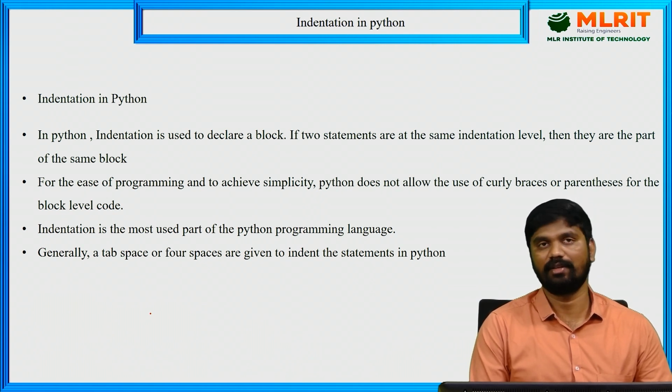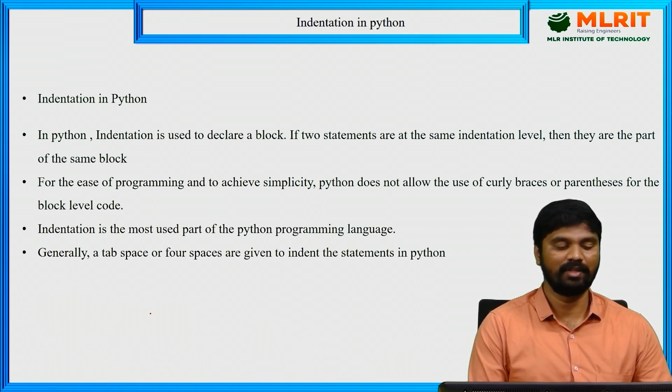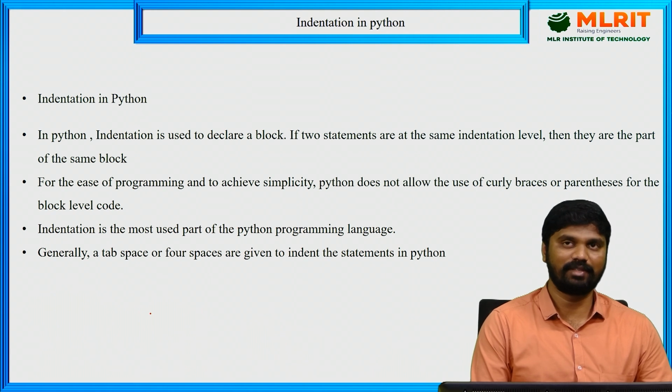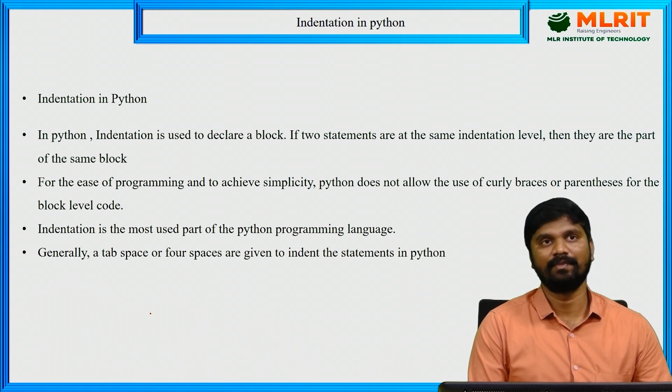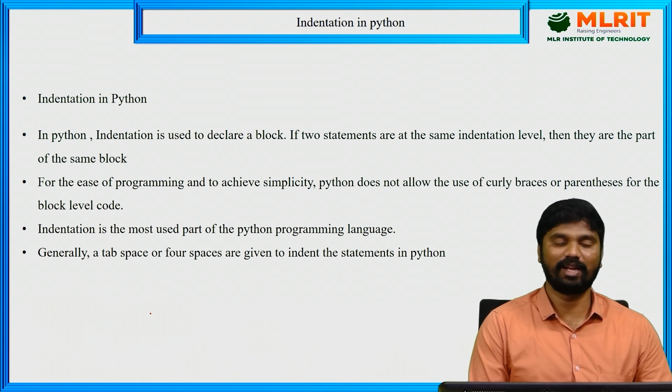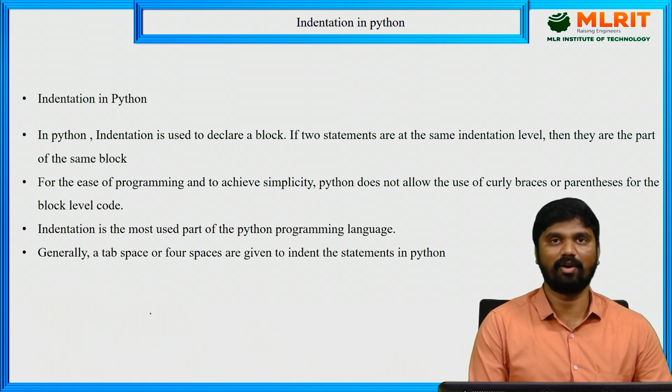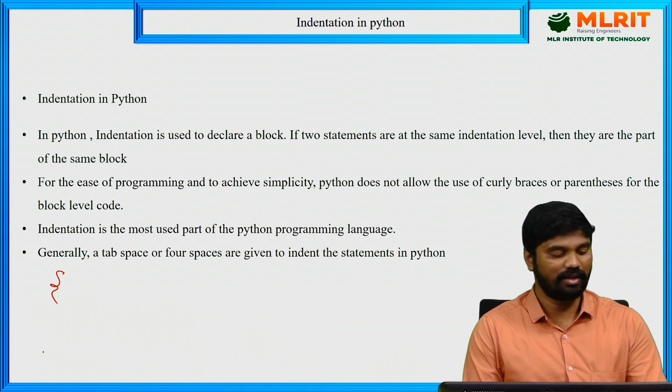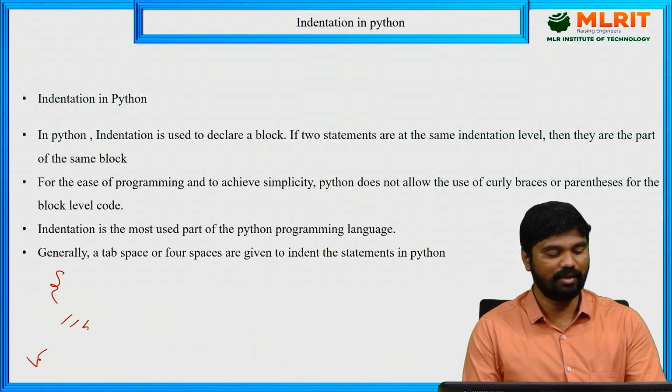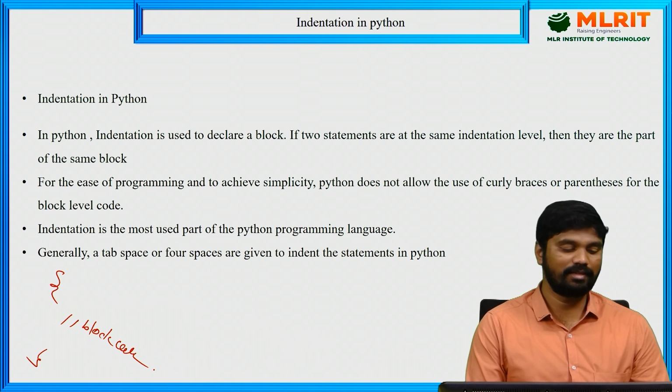What is the purpose of indentation? Generally in the C programming language or Java, if you want to represent a block, we use curly braces. This is a block of code.